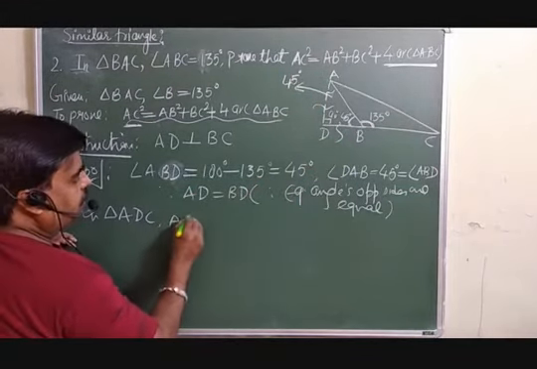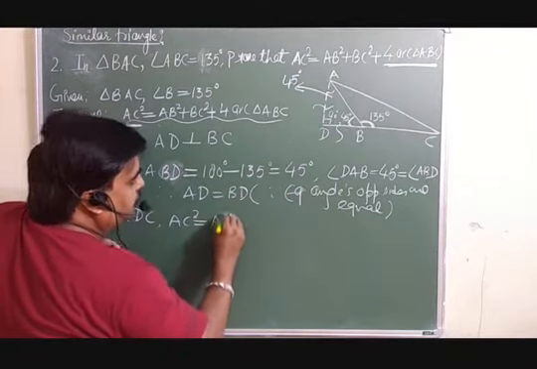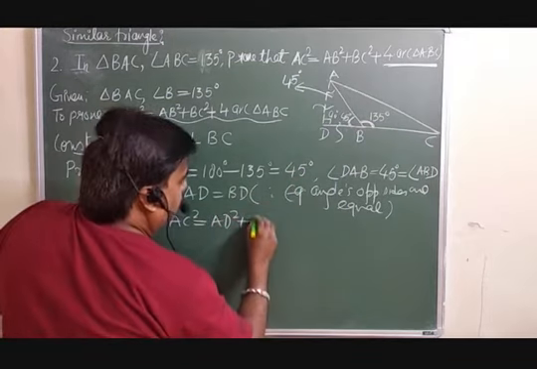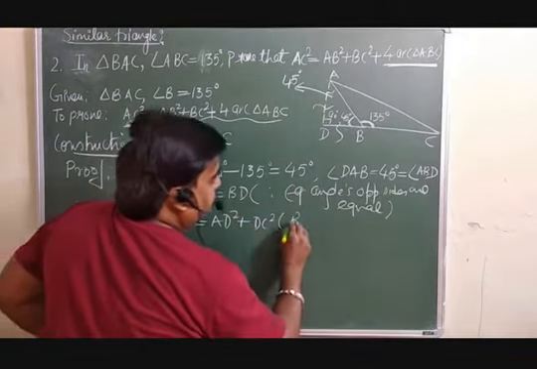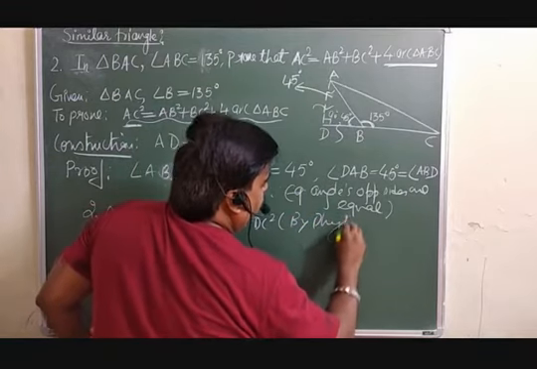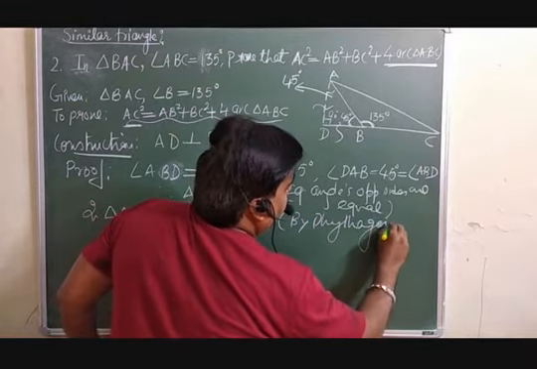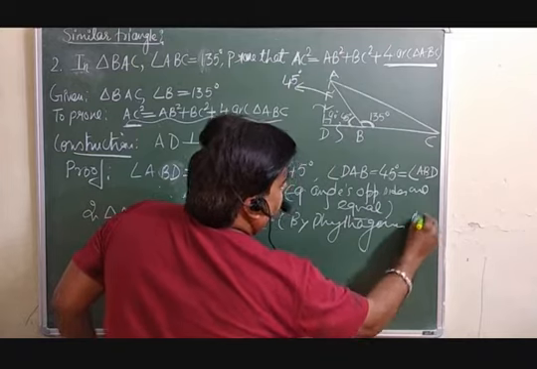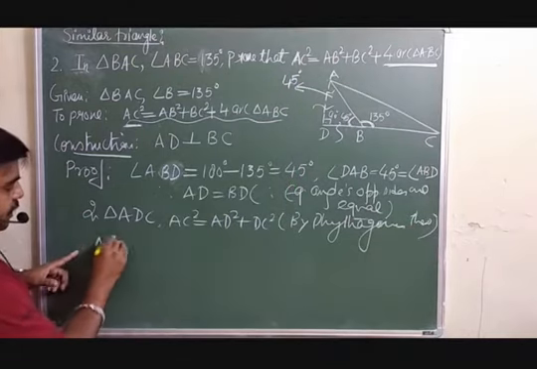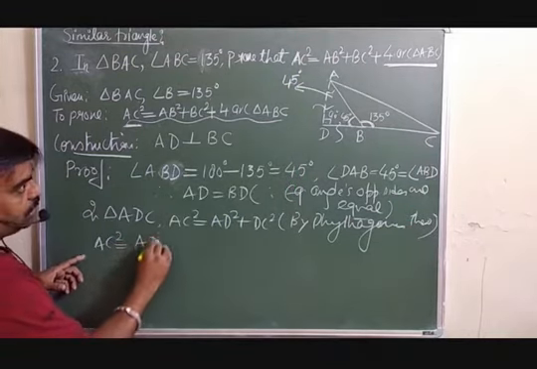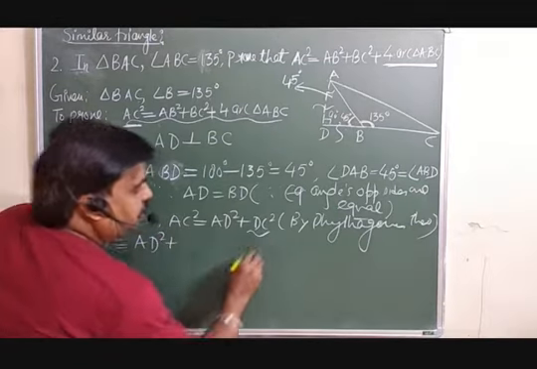So here you can say AC square is equal to AD square plus DC square, and this is by Pythagoras theorem. Now this can be written as AC square is equal to AD square, keep as it is, plus this DC.